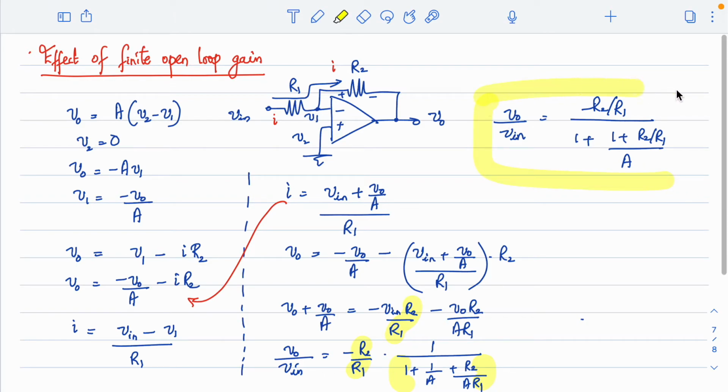I hope this is clear. What we have done is, first we have looked at the op amp as an ideal one, and later we also saw the effect of finite open loop gain.